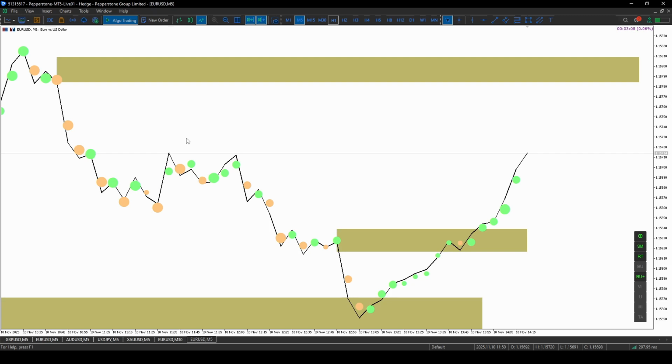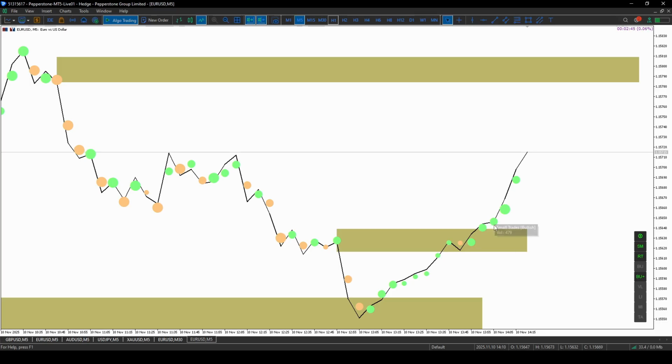It's the best option to use the line chart instead of candlestick patterns, so we filter the noise, because candles make noise. So now we can see what's going to happen.